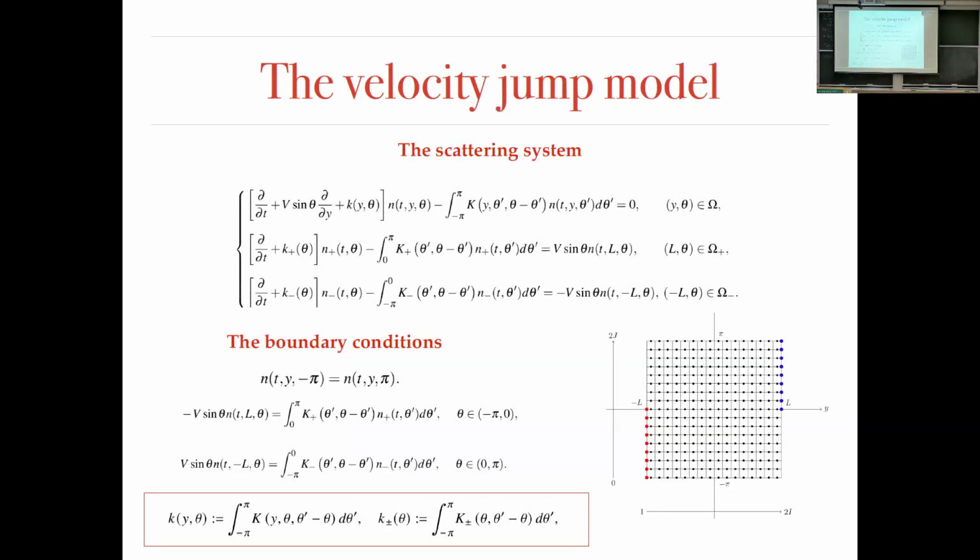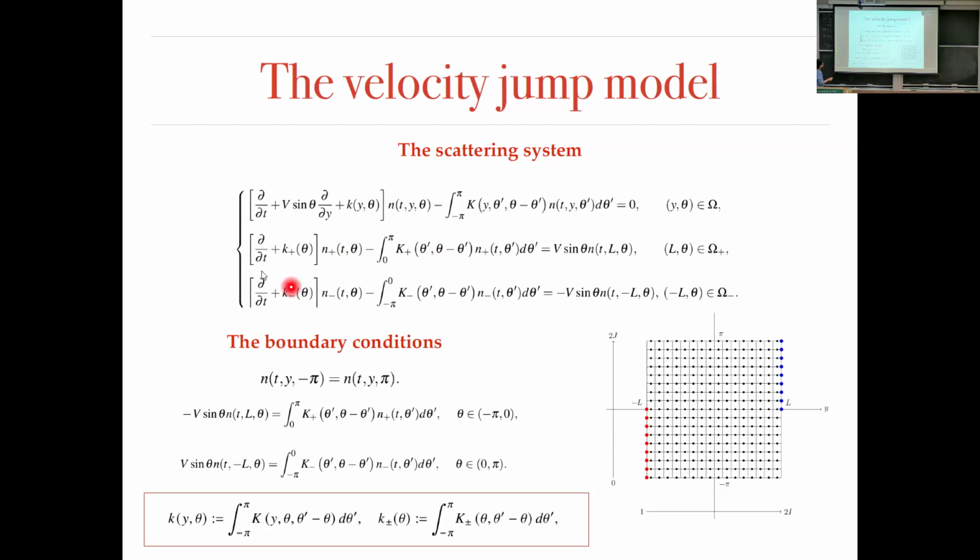Then when we couple this to the kinetic equation, inside the domain we get the same as the classical kinetic model. What is the difference between these equations? This n plus is the number of cells that attach to the upper bound, while n minus is those cells that attach to the lower bound.